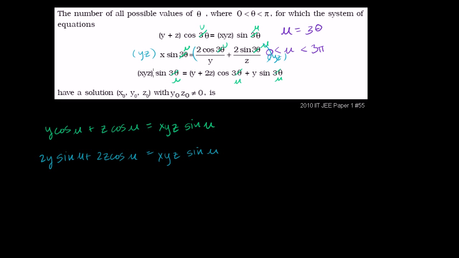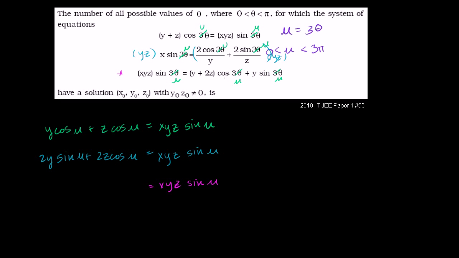Now let's think about this one. This has an xyz sine of u. I'll do it in magenta, this equation. xyz sine of u, I'll write it on this side. xyz sine of u is equal to, let's see, we have a 2z. Let's distribute this cosine of u.